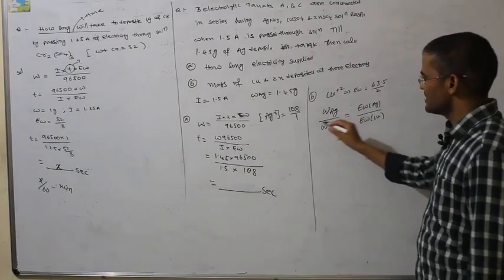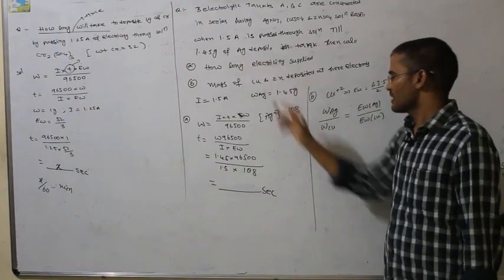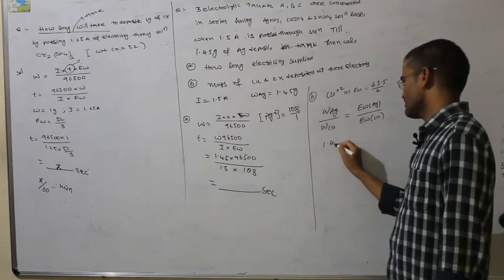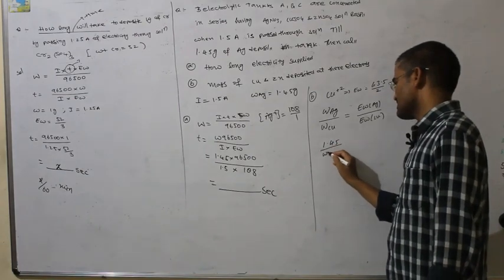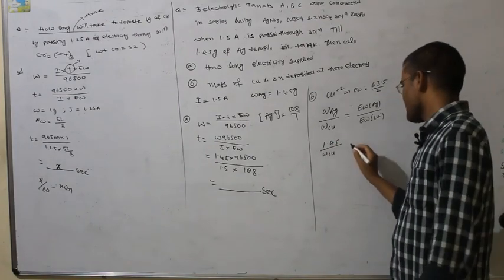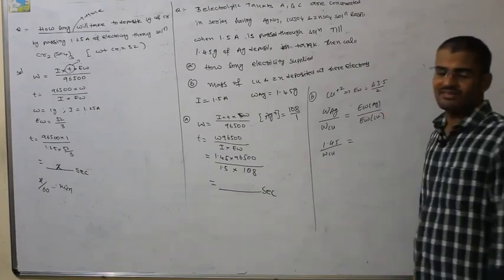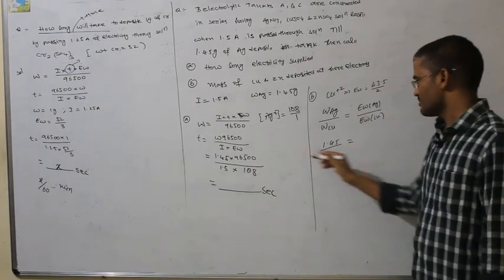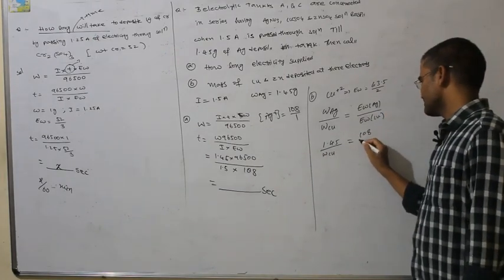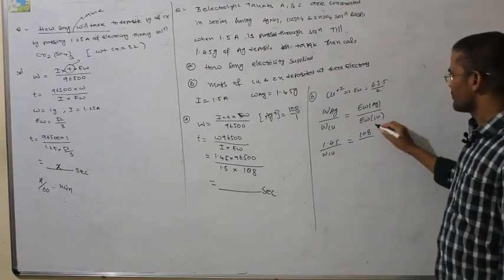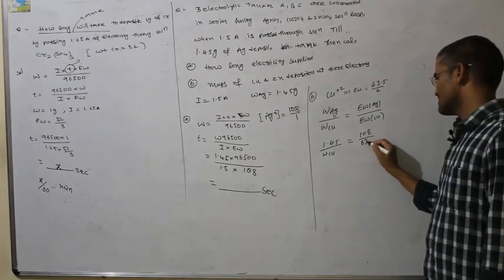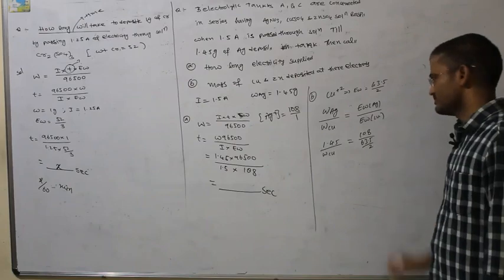Mass of the Ag deposited, how much is given in the question? 1.45 gram, by mass of the copper deposited, is equal to the equivalent weight of silver, 108, by the equivalent weight of copper, 63.5 by 2.